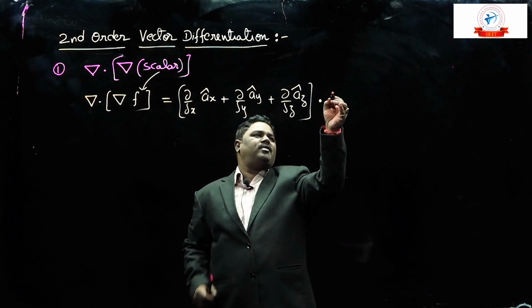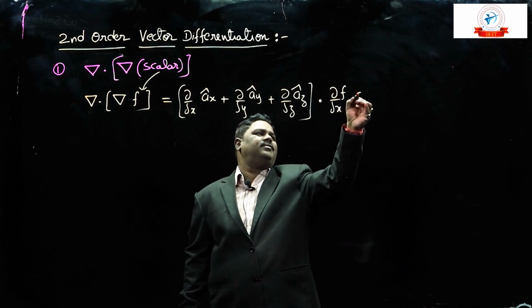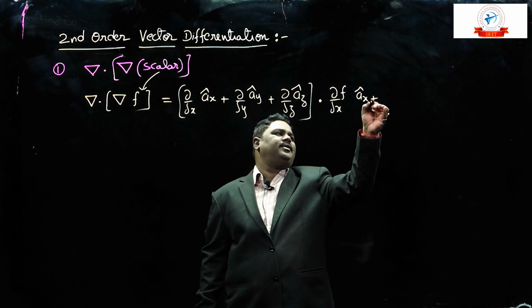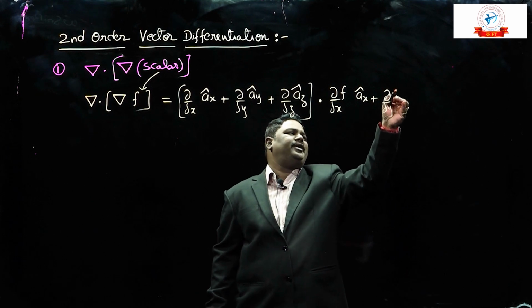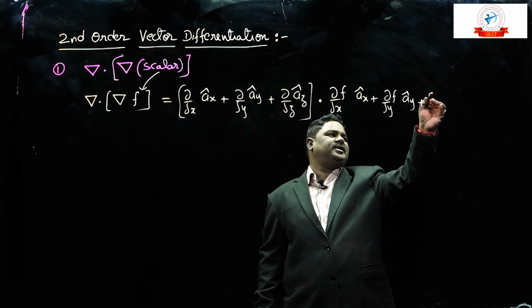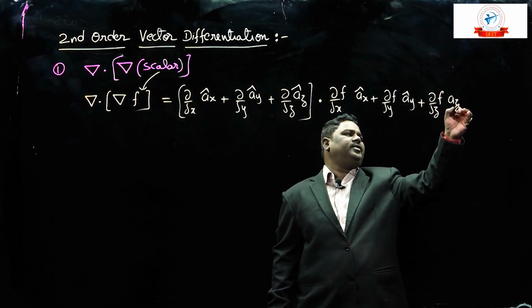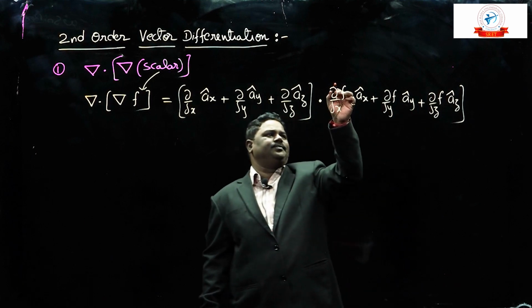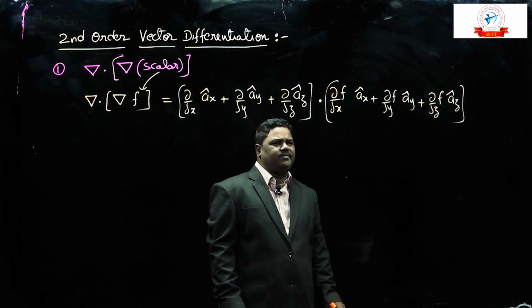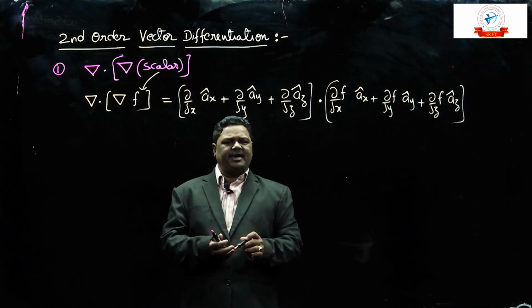What is the formula for gradient of f? Dou by dou x of f into x cap plus dou by dou y of f into ay cap plus dou by dou z of f into az cap. This is the gradient of f. Now we need to perform a dot product between these two vector quantities.